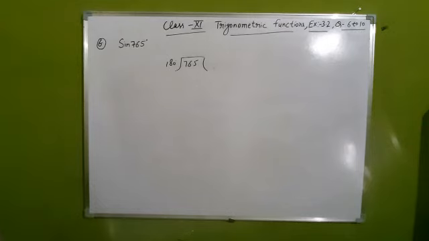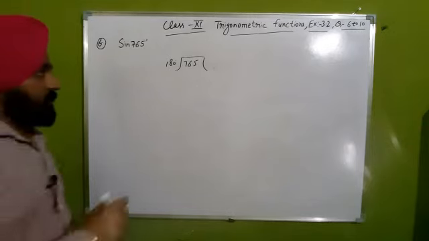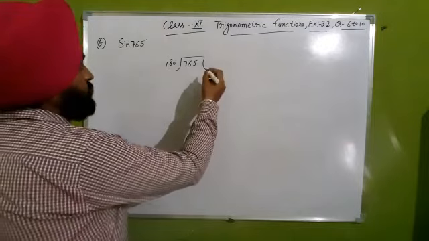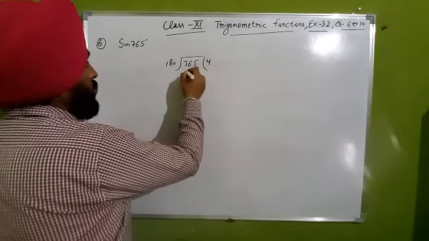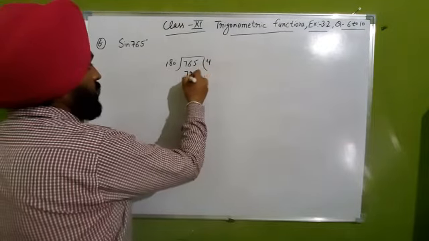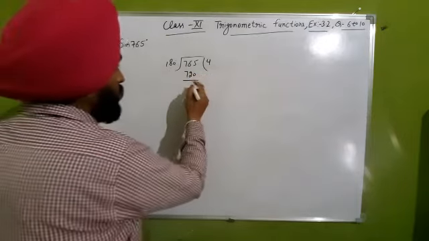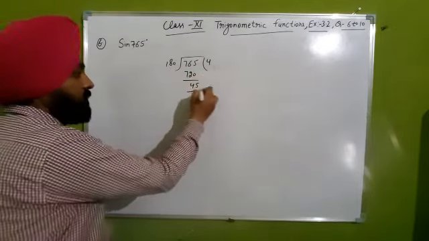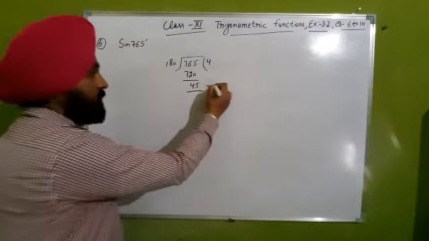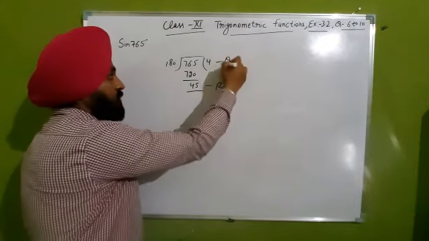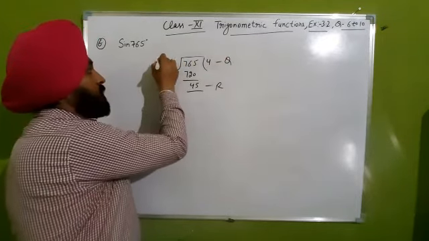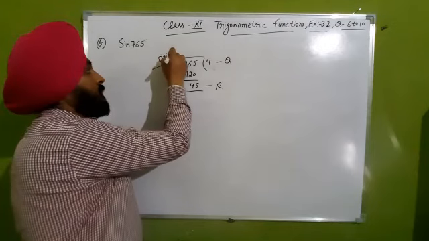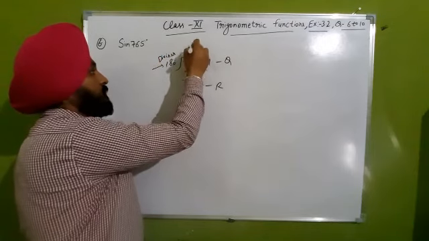765 divided by 180 degree, then you will get 720 degree. 180 multiplied by 4 gives 720, and 45 is the remainder. That is the quotient and divisor, and that one is the dividend.